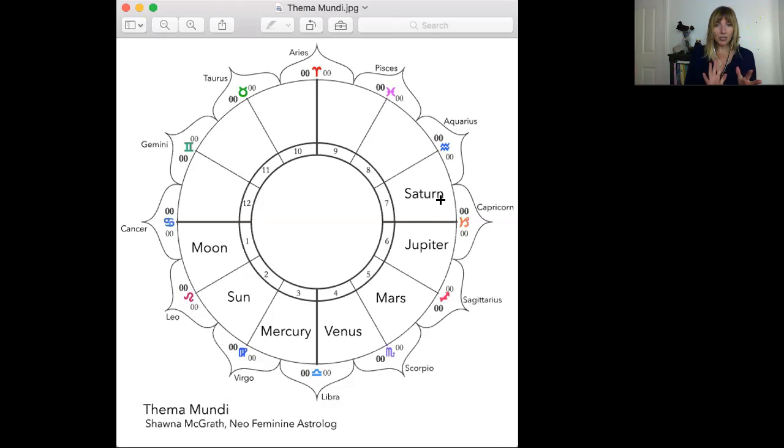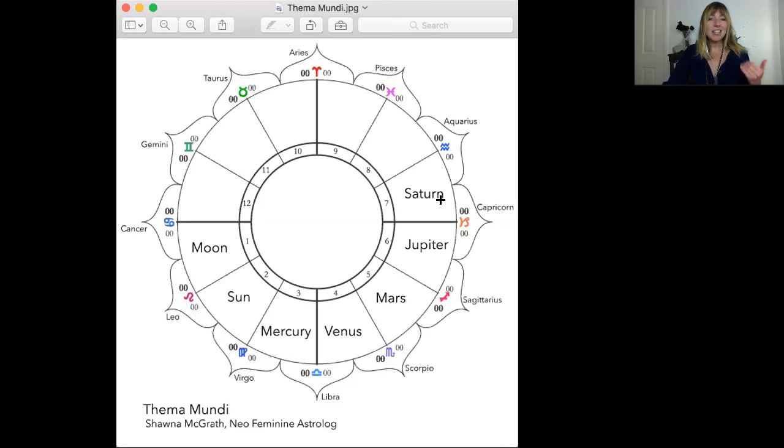A little backstory as far as the Thema Mundi is that this is from the Hellenistic era of astrology. And this is something that we didn't have until fairly recently. When astrology became more popular, especially in the 70s in the West, we didn't have this, or it wasn't commonly popular or talked about.